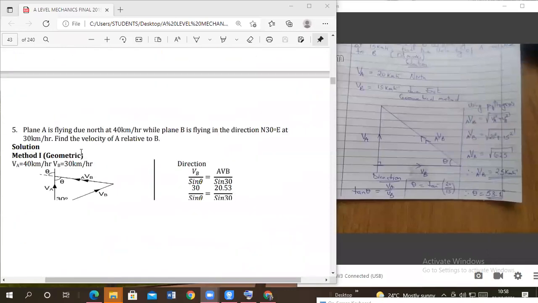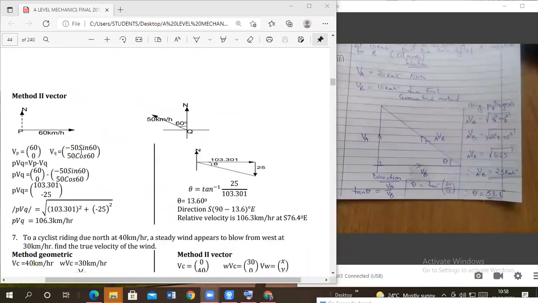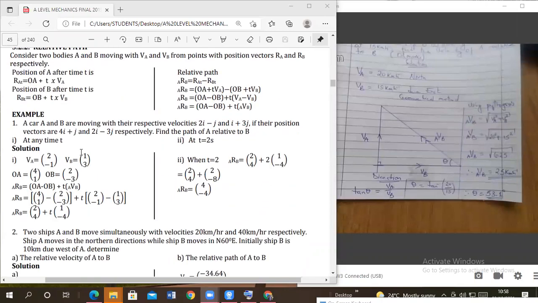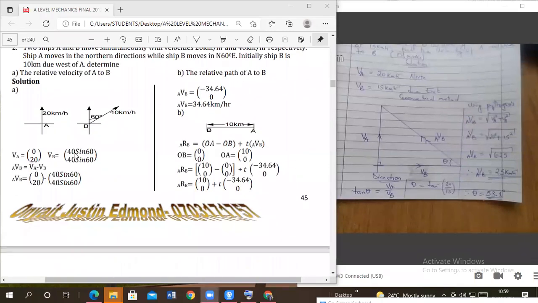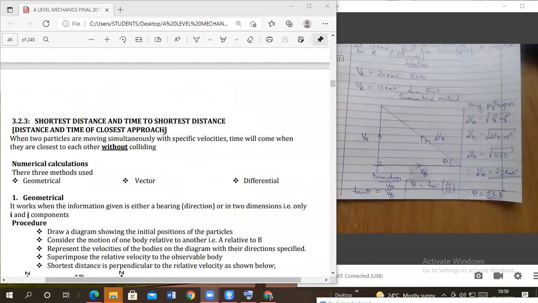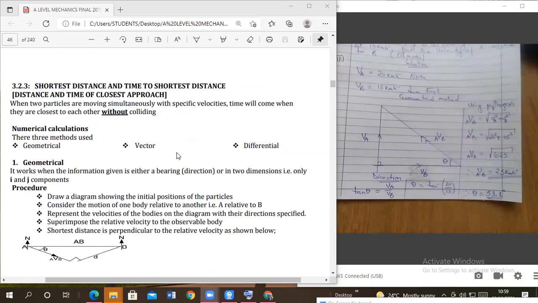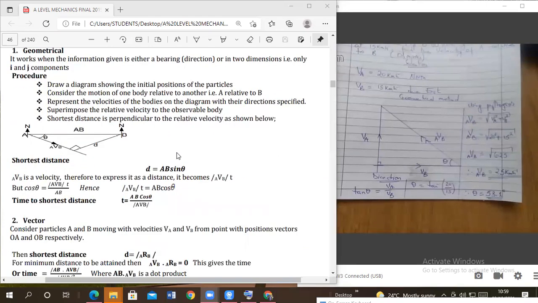Then relative velocity, we have talked about it. When we meet next time, we shall look at relative or shortest distance, how we find the shortest distance. Very easy. I want to discuss this one when you are still fresh.